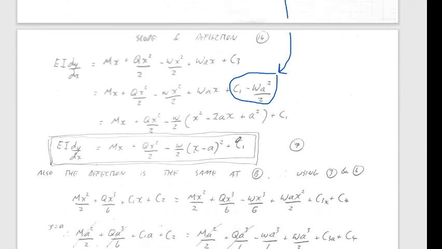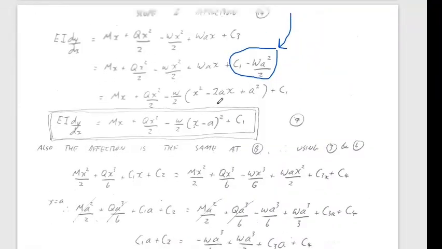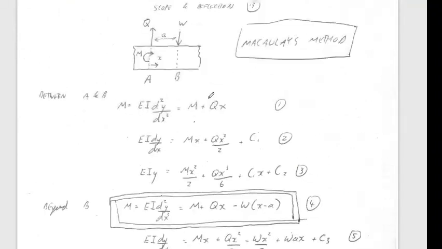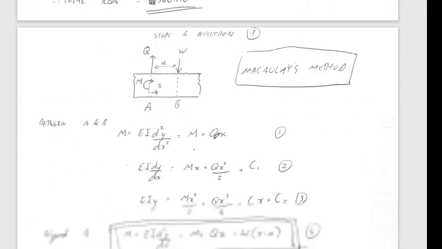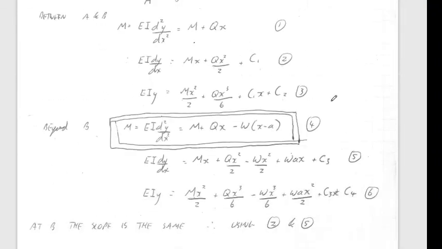And what we've got there now, and remember how we arrived at that, we've got our slope of our beam beyond B, but instead of having our third constant of integration in there, we've now got our first constant of integration in there. In the same way, we've just said our slope at position B should be given by equation 2 and 5.